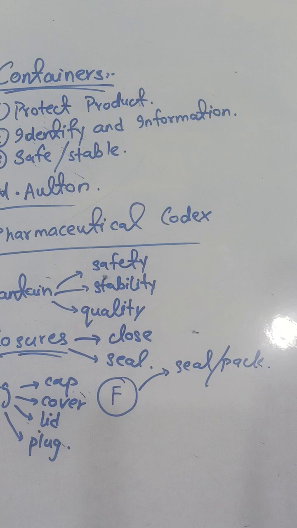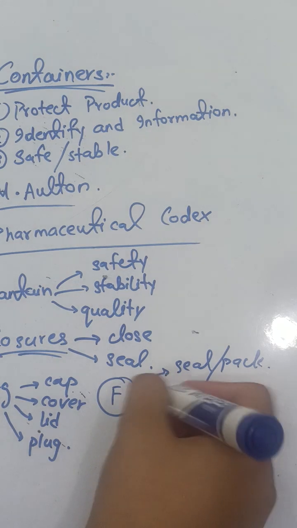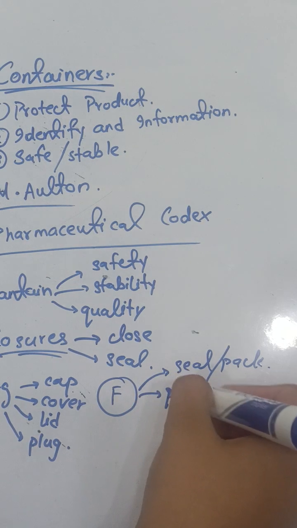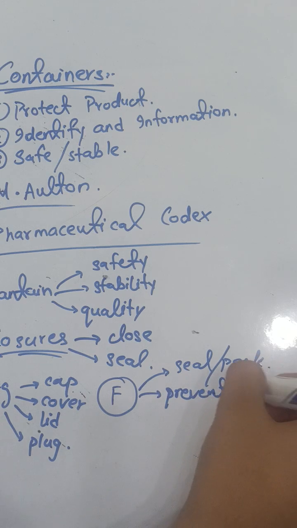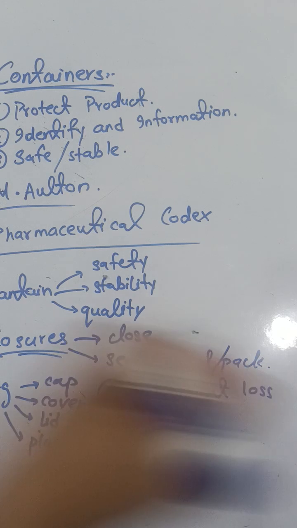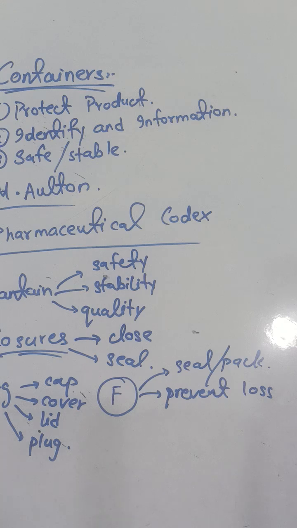The next function is that any kind of oxygen, carbon dioxide, water, and microbes should not enter or escape. Next, it prevents the loss. It doesn't allow the things that are present inside your container to move outside. So it prevents the loss of any volatile drug out of your container.